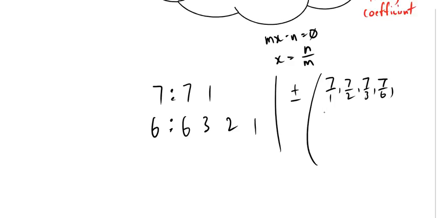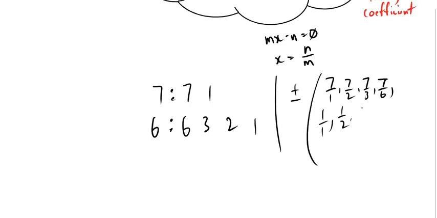Or 1 over 1. 7 over 1 is 7, right? So plus or minus 7. That's the one we've been using the whole time. 1 over 1, those are always going to be viable options. 1 will always be a possibility for that reason. 1's a factor of everything.